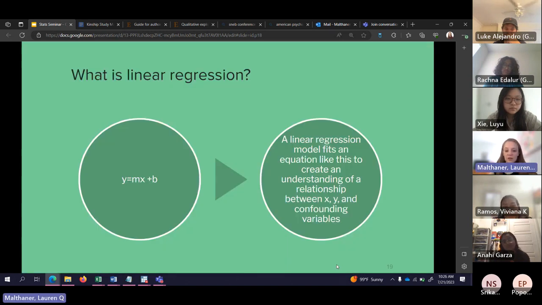A linear regression model is looking to create an understanding of a relationship between X, which would be an exposure variable, Y, which would be your outcome, and confounding variables. The typical equation for this is Y equals mx plus b.